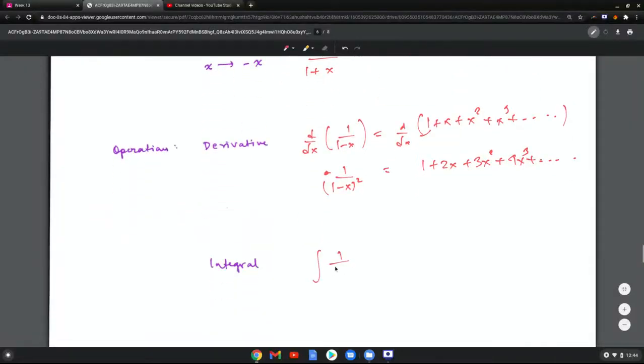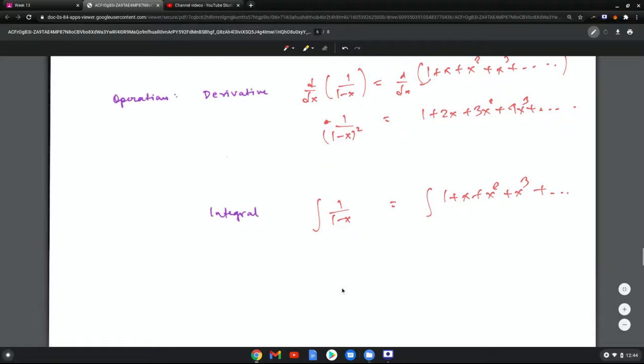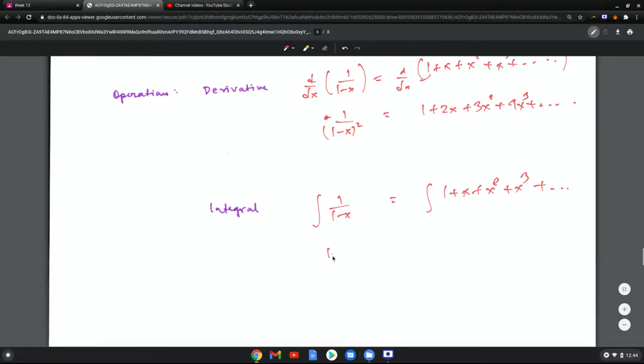You could also take the integral. That's a valid operation. This is going to be ln of 1 minus x. Let's take the integral of 1 over 1 plus x, and that's going to be the integral of 1 minus x plus x squared, and so on, alternating plus and minus.